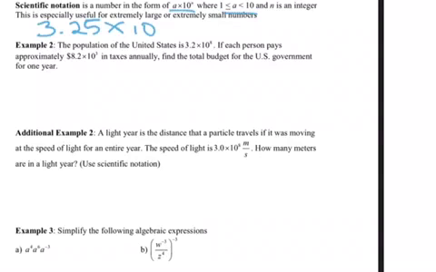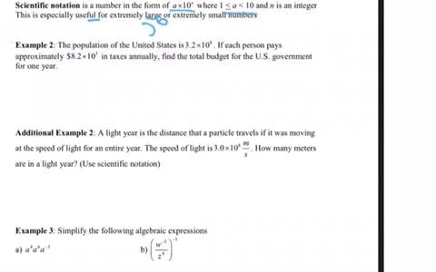Now if I raise it to a positive number, like the 6th power, that means I would multiply this number by 10 to the 6th. So I move the decimal place 6 places to the right. If it were a negative 6, I would go the opposite way and move it 6 places to the left. Either way, any open spaces we fill in with a 0.